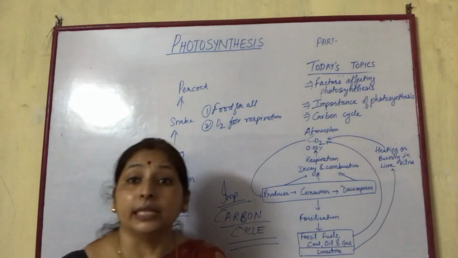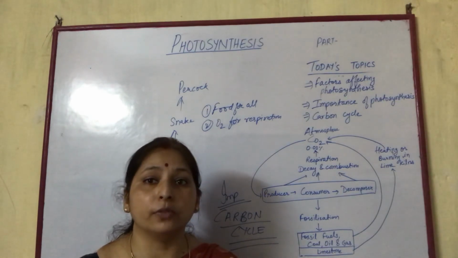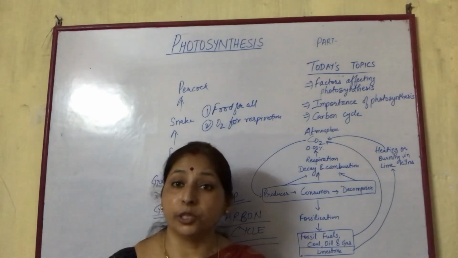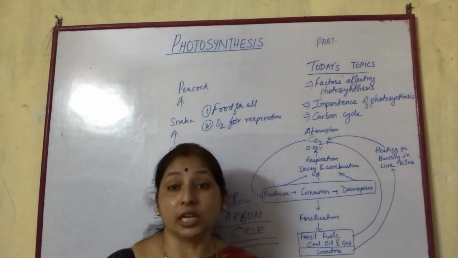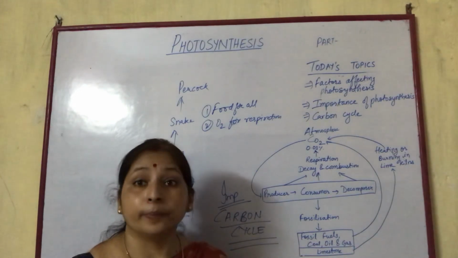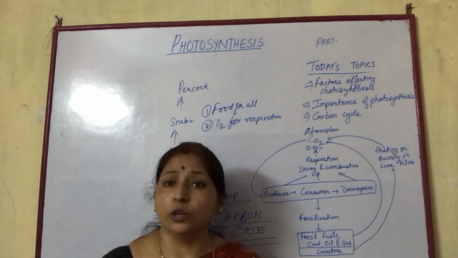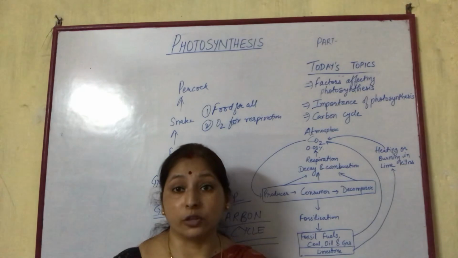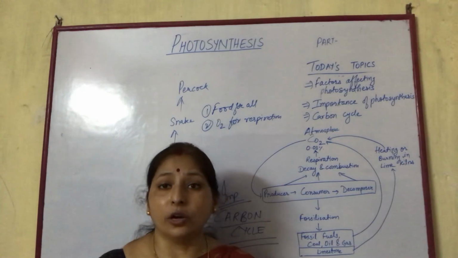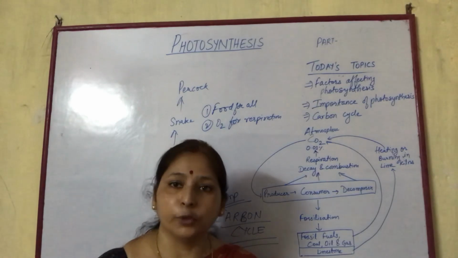In the next class, we will study the experimental proof that starch is produced in photosynthesis, as the stored form. Then the role of chlorophyll pigment, oxygen and carbon dioxide. All these factors and experiments we will study in the next class. Thank you for today's class.